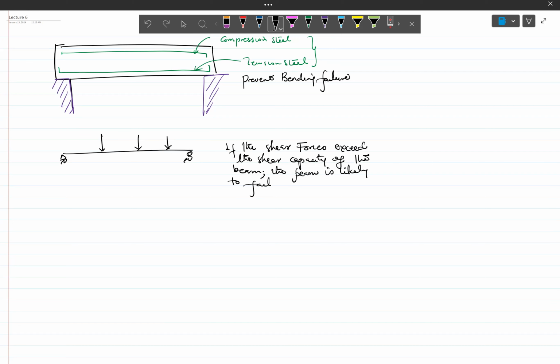All right. This kind of failure is termed shear failure. There's a more appropriate word which we'll look at later, but in simple terms, shear failure.